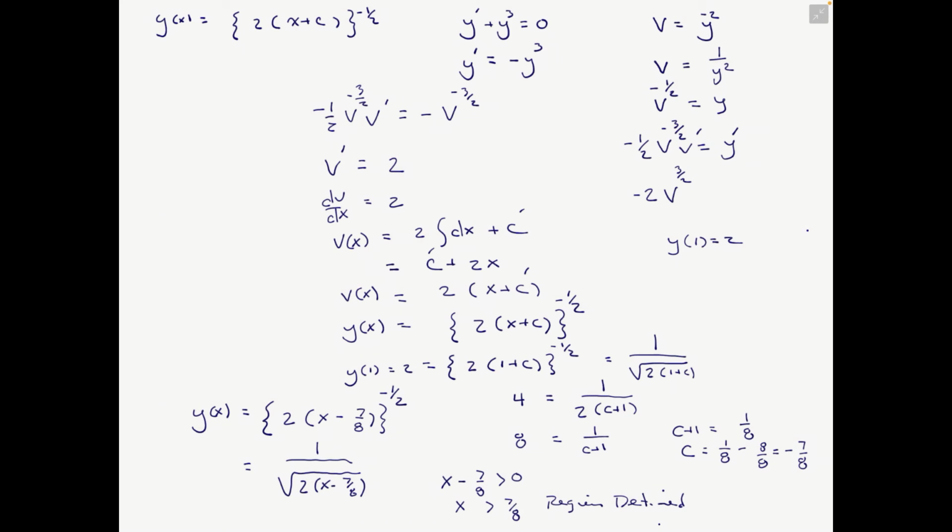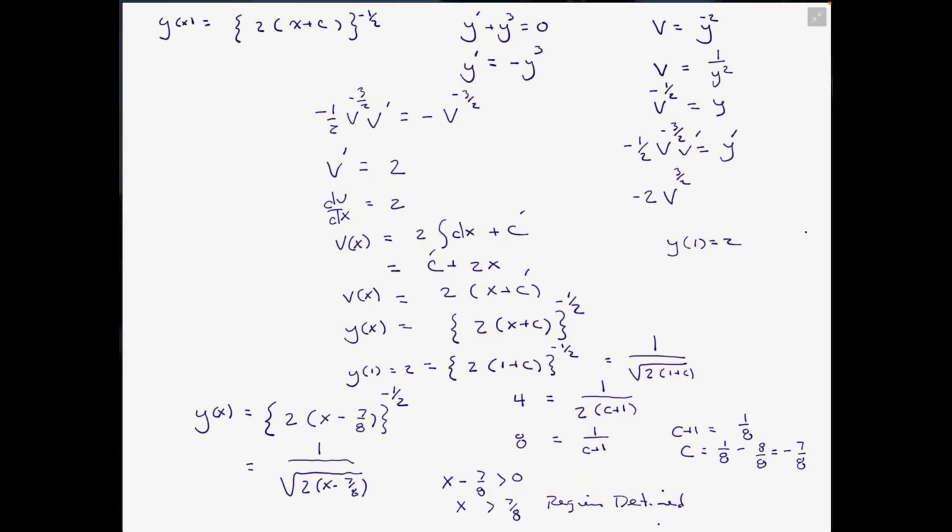Okay, so let's just check ourselves to make sure that we're right. That was problem number 3. So for 3, yes, x is greater than 7/8. Yep, we got everything exactly correct. All right, now let's look at one more problem.